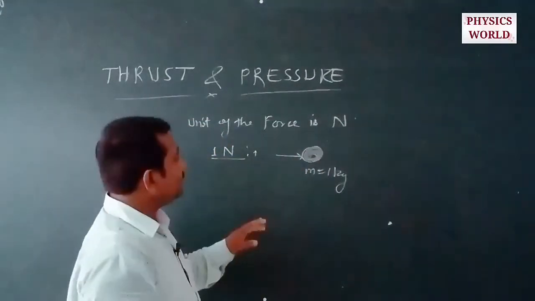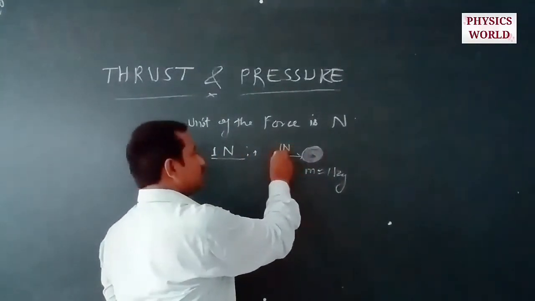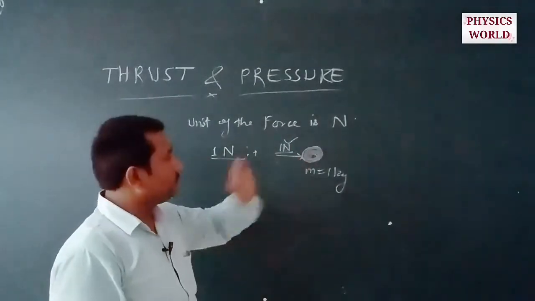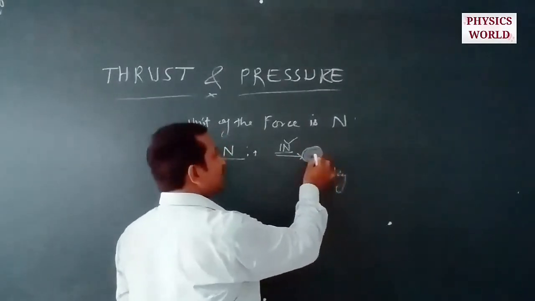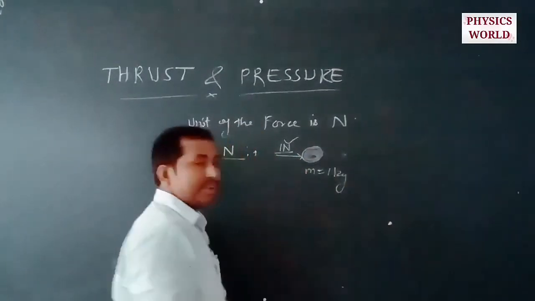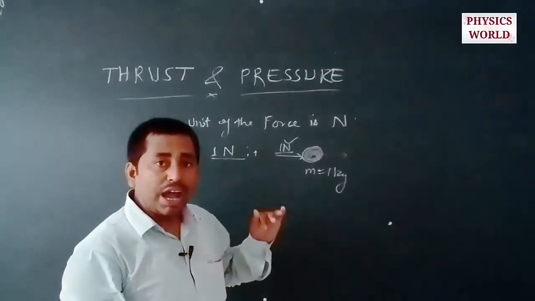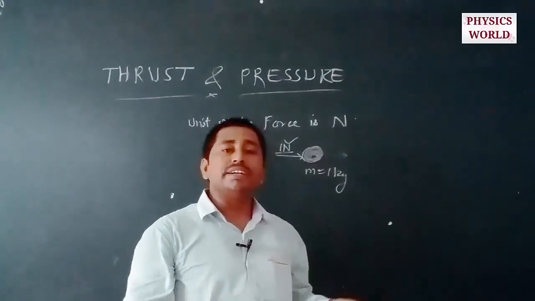If we apply a force of 1 Newton on this object, and the object is free to move in this direction, then it will move and accelerate in this direction with 1 meter per second square.